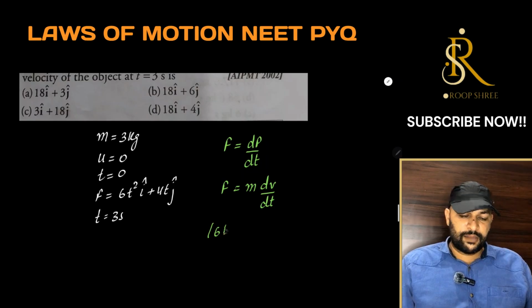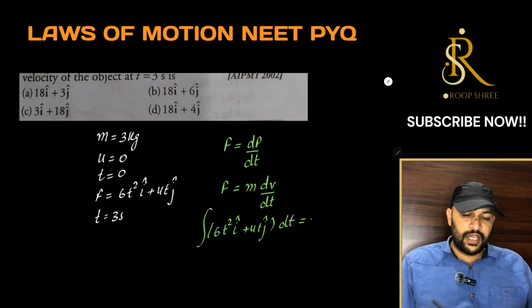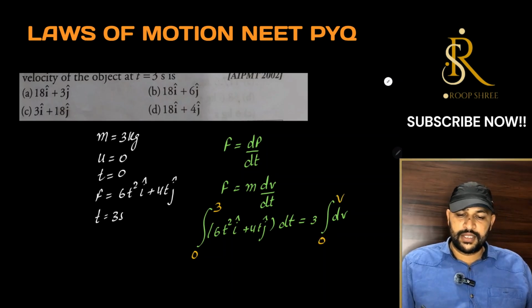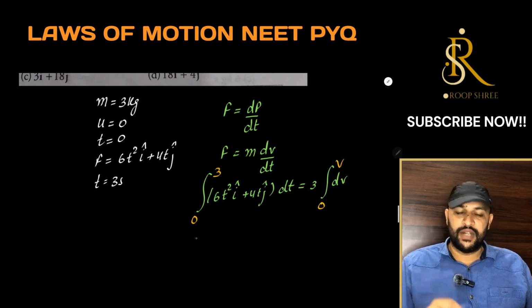So let's substitute here F as 6t square i cap plus 4t j cap, and taking integration with dt, it will be equal to m integration of dv. Now m is a constant, so I can substitute here straight away 3, and time is going from 0 to 3 seconds, and velocity when t was 0, its initial velocity was 0, and final velocity, let's take it as v, which we have to find, right?